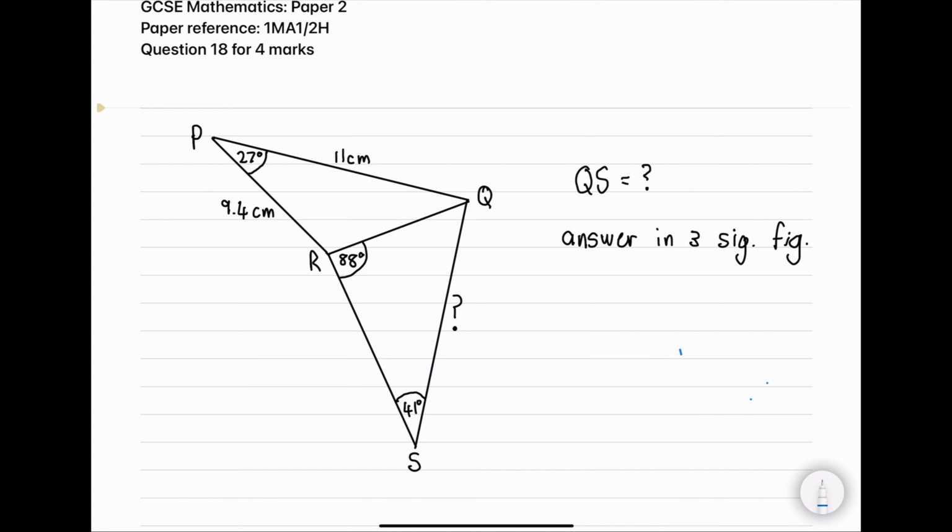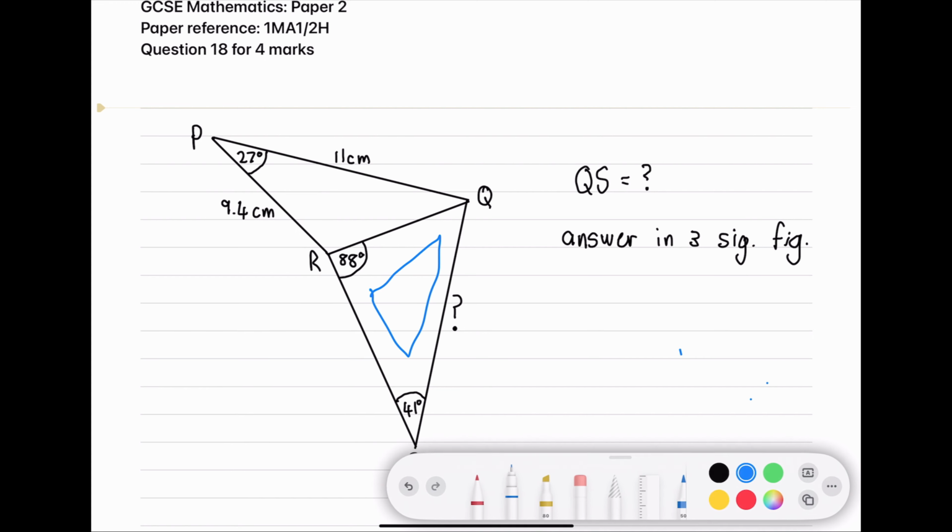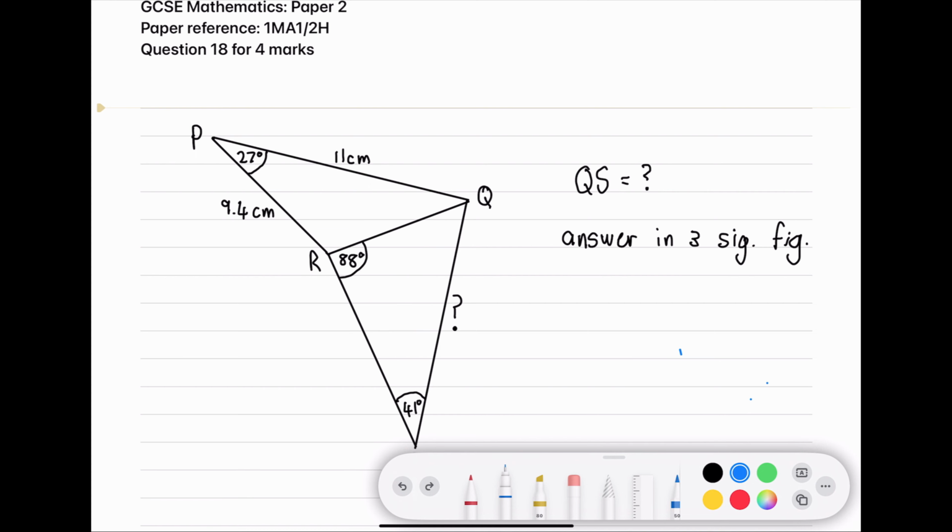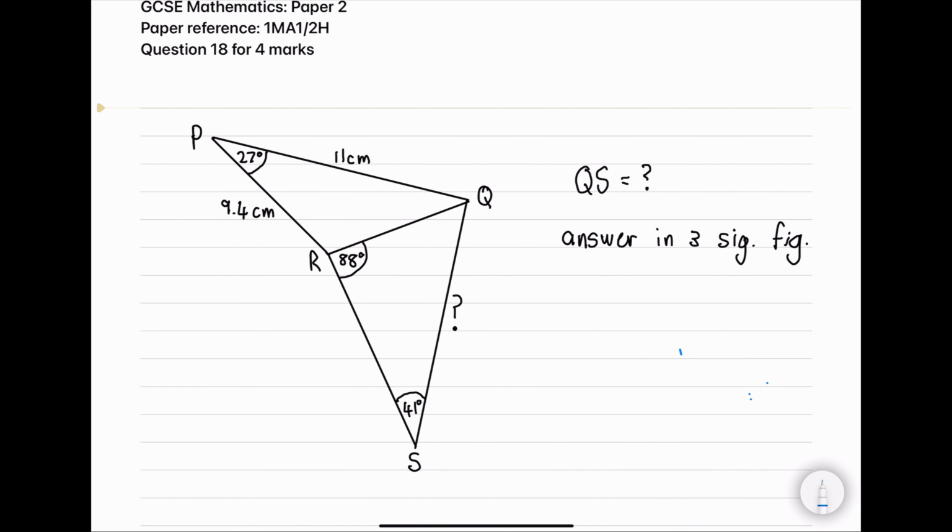So how I would tackle this question is I would look at QS first, the QRS triangle, which is this triangle. And I want to see how I can calculate QS. And you can see that you have 2 angles, and that means that you can use the sine rule.